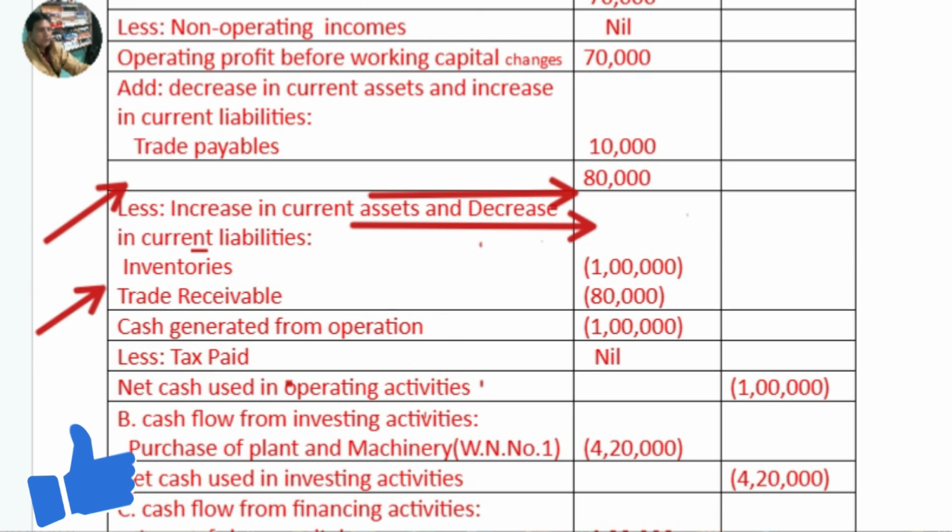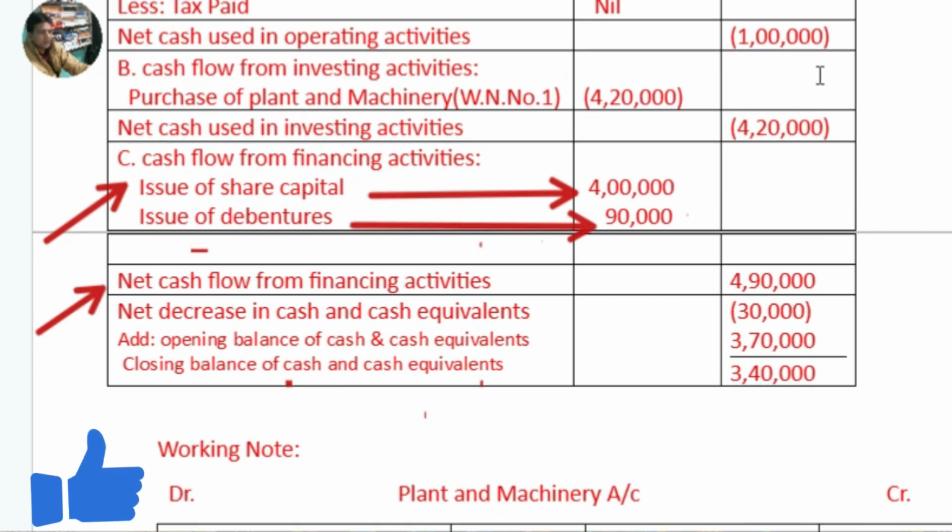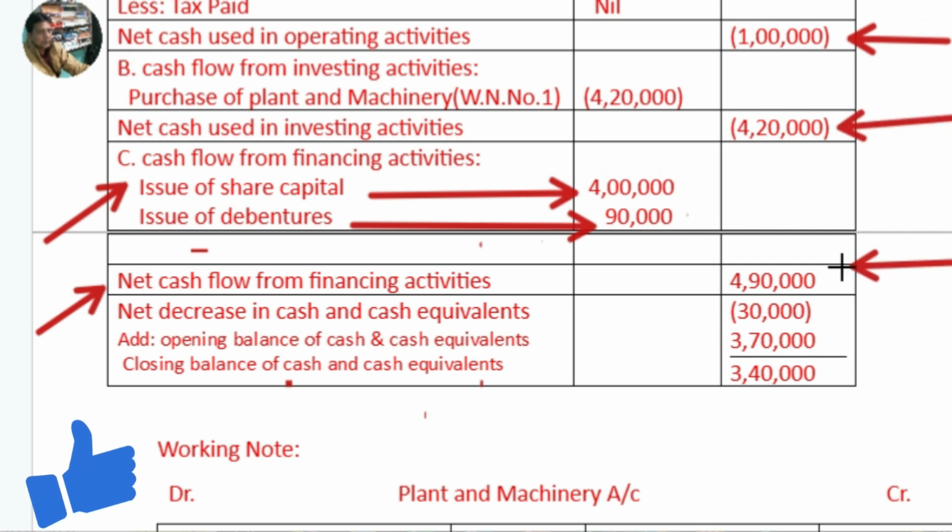3 figures in the second column, figure number 1, figure number 2, figure number 3. 2 are negative, 1 is positive. So minus 1 lakh, minus 4,20,000, that is 5,20,000 minus, plus 4,90,000.